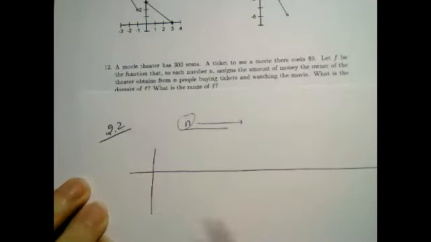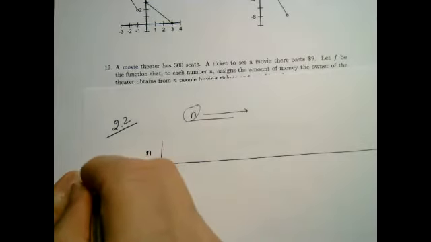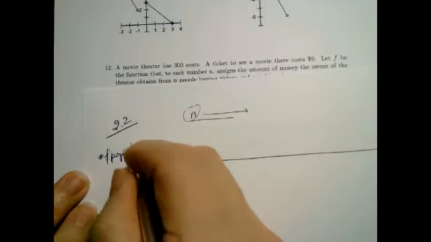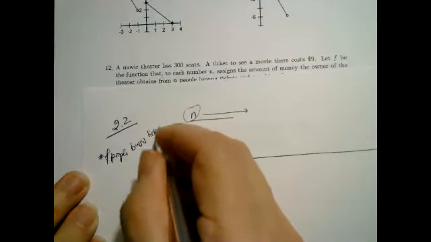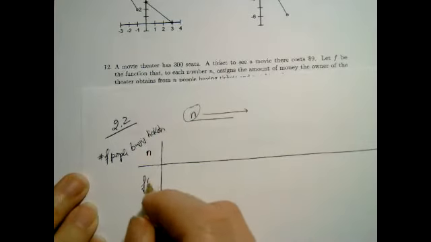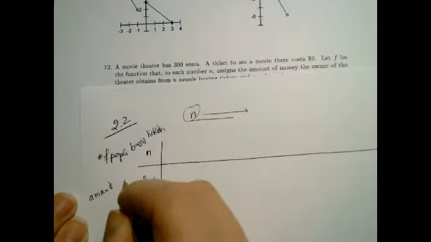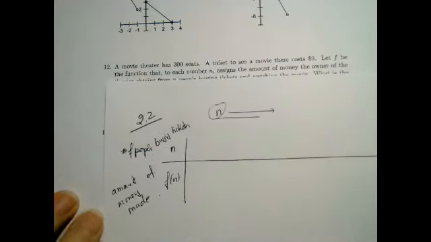That's really actually easier. So this is n, which is the number of people buying the ticket, and f of n is the amount of money made from selling those tickets.